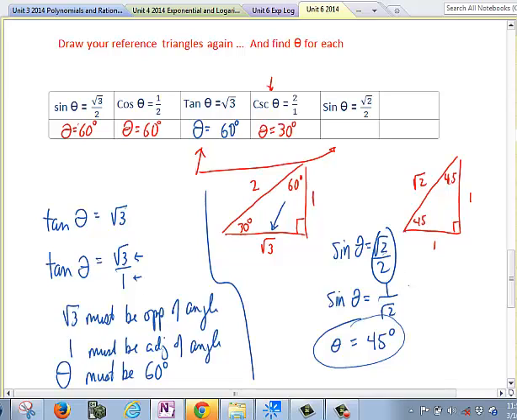And if we go backwards, we should notice that that's the same ratio as 1 over root 2. And then that would mean that the top component is the opposite side. So the 1 would be opposite, the root 2 would be the hypotenuse, and that would give you the reference angle of 45 degrees.